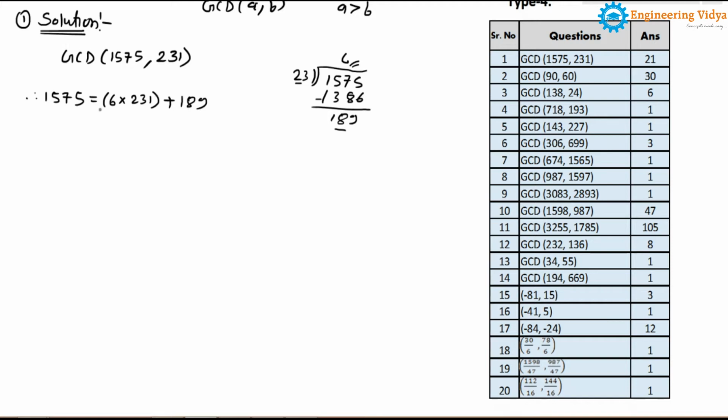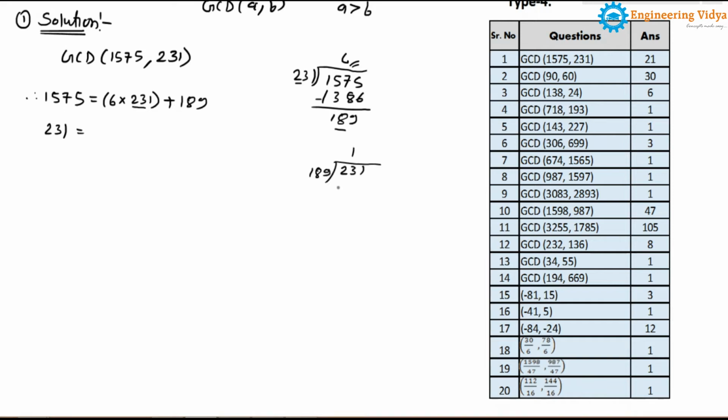So this is step number 1. After that, see the divisor part. Since the divisor here is 231, again we'll consider it as the dividend. So 231 will be divided by the remainder 189.